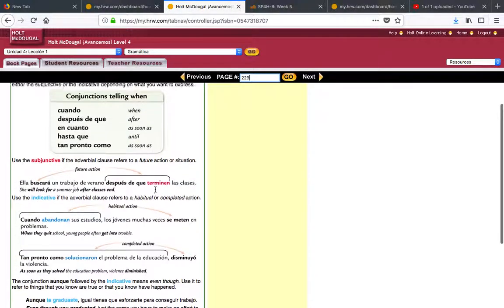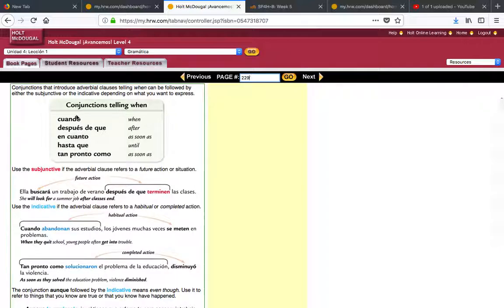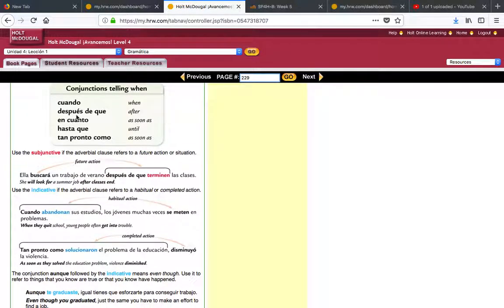Now, this kind of group is a little bit complicated, so you have to analyze the sentence and analyze what you try to say, so that way you can write your sentences right. If what you try to say is a habitual action, you have to use present tense in both verbs.